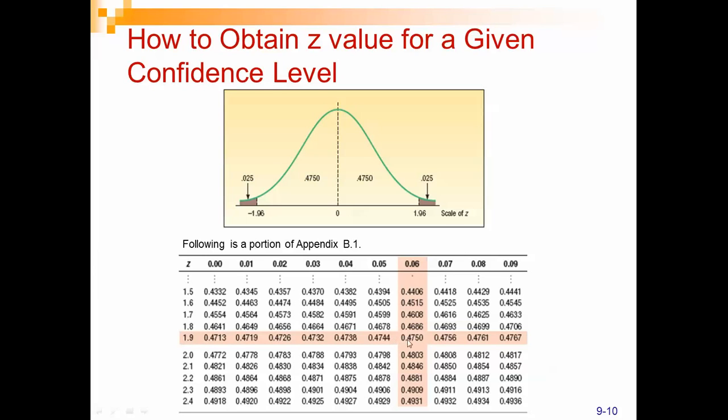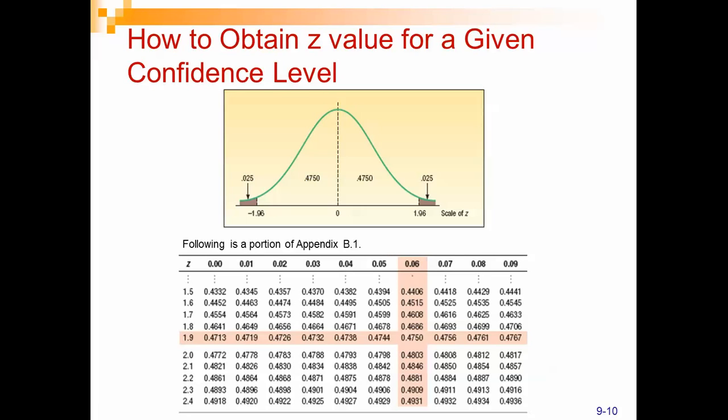If we go to our point of intersection of the 0.4750, we can read to the left and we get our 1.9, and then we go up to get the 0.06. So the 9 is the first decimal place, and the 6 is the second decimal place. The 95% confidence interval refers to the middle 95% of the observations.